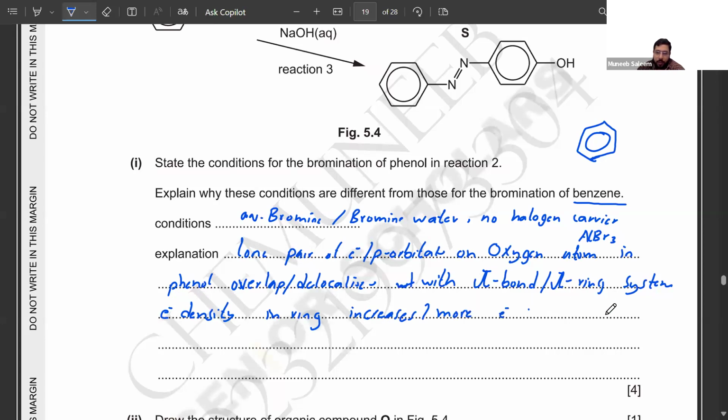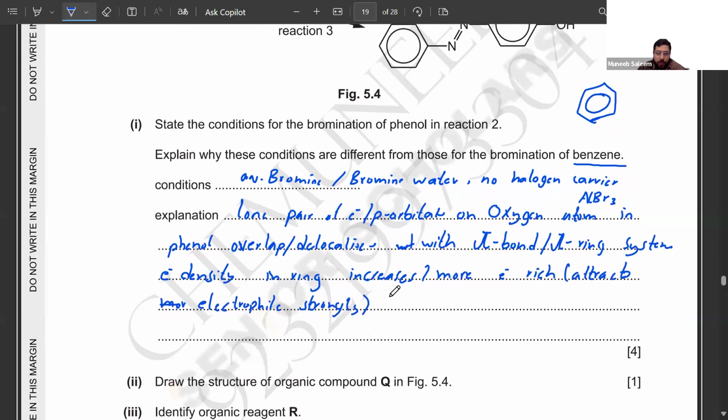Being more electron rich, it attracts electrophiles strongly. So this is all happening in phenol.